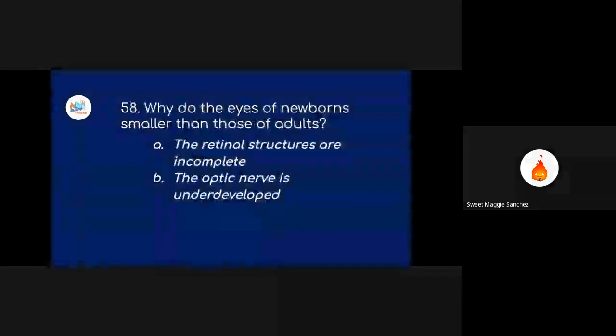Okay, number 58. Why are the eyes of newborns smaller than those of adults? Yung parang Disney eyes, yung mga very cute doll eyes. So, the reason for that is that the retinal structures are incomplete pa siya and that the optic nerve is underdeveloped, no? Although yung visual pathways nila na develop na, it's still under construction pa din.